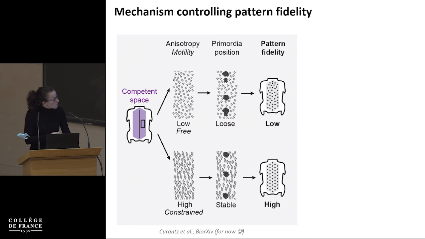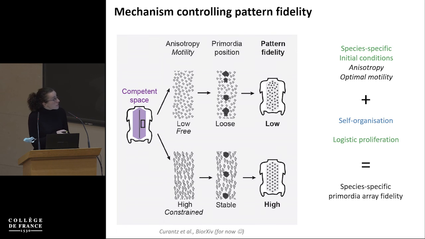If in some species anisotropy is higher, so in the penguin or the quail, this constrains the motility of cells, which stabilizes the position of primordia and results in a higher fidelity pattern. So in this case, we have identified early cell properties that actually constitute these species-specific initial conditions, and these properties are more or less anisotropy and optimal motility.